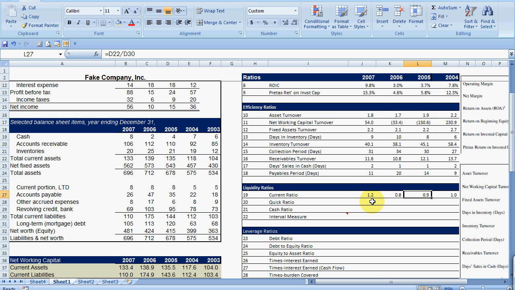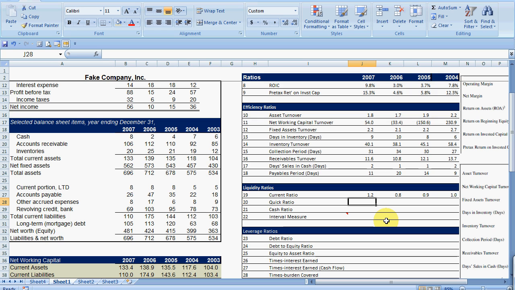All right, so then we have our quick ratio. We took current assets, which was our cash, our accounts receivable, our inventories, all these added up to get us that 133, and we divided it by our current liabilities. So now let's look at something a little bit more specific, just our cash plus marketable securities plus receivables.